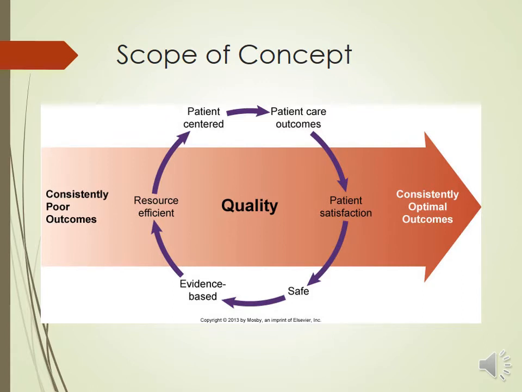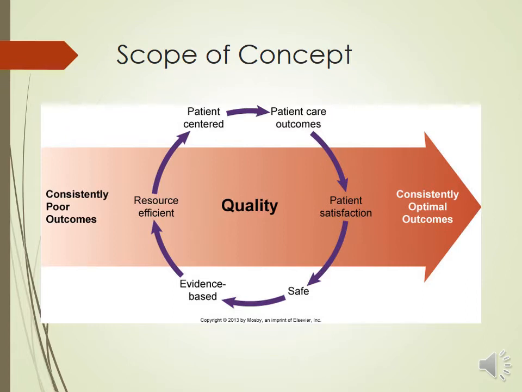First of all, quality is seen on a continuum, from consistently poor outcomes on one end of the spectrum to consistently optimal outcomes on the other end of the spectrum. Healthcare and nursing are always striving for consistently optimal outcomes. If we did not, we would not be in business very long.